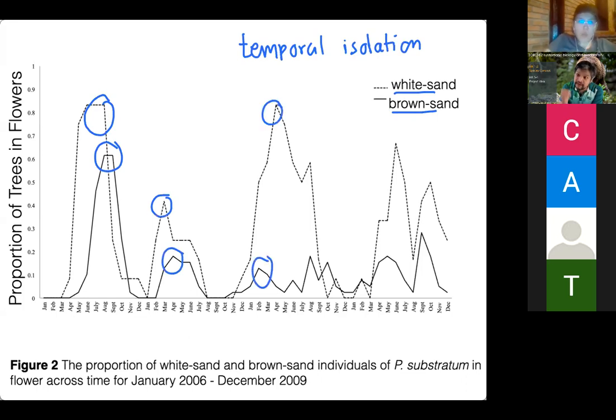So this is what Tracy tried to test, but it turned out that it's not really happening, right? So the temporal isolation did not happen in the system. She showed that they flower at the same time, at the peak at the same time. So there's no time prevention in this case, but that's the test for temporal isolation.